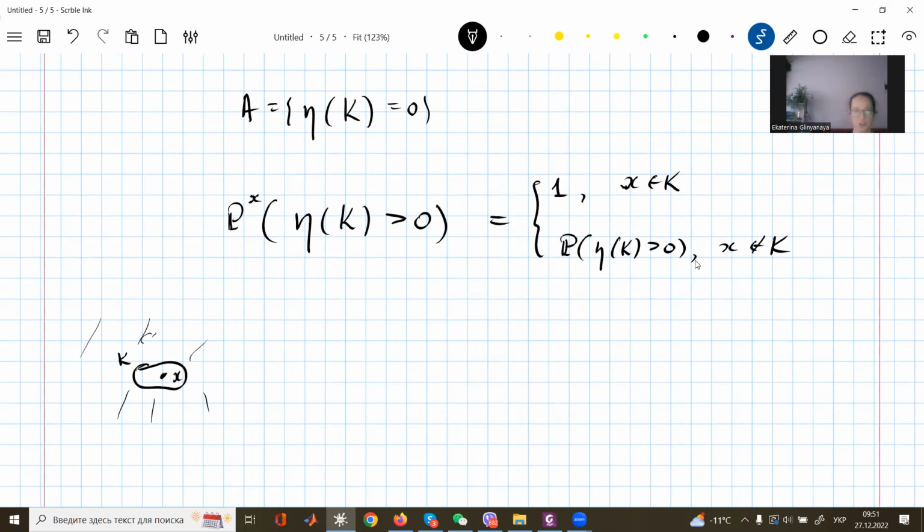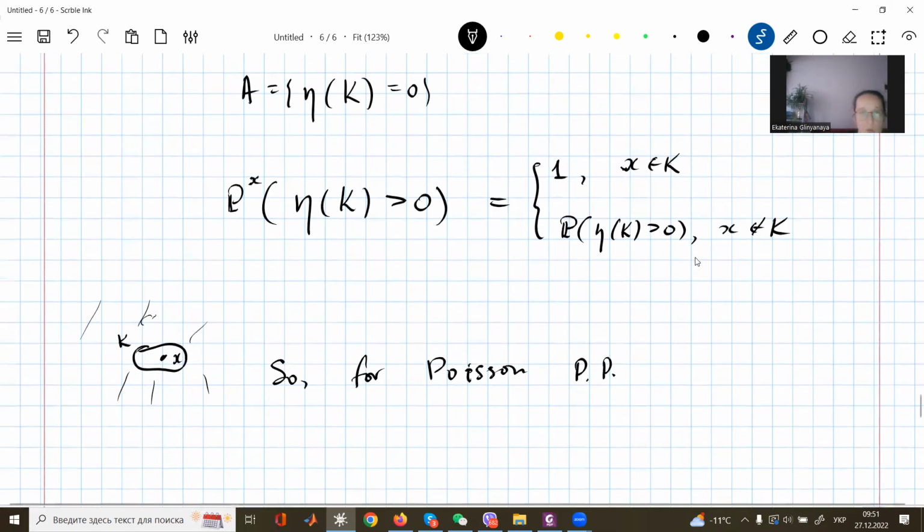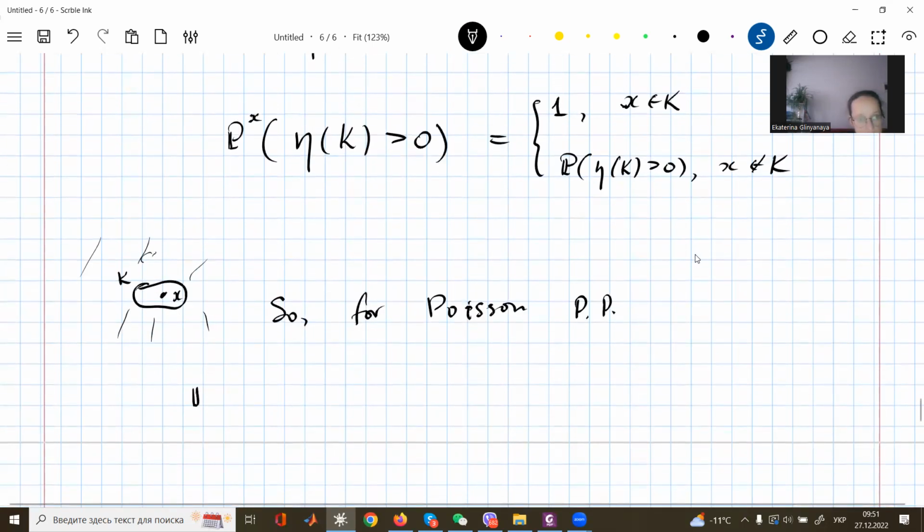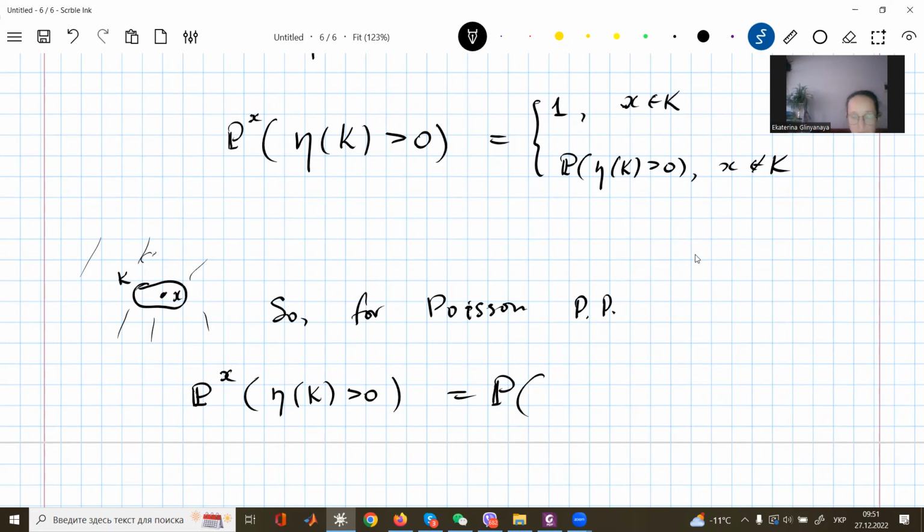So for the Poisson point process, we find that this probability with the condition that we have a point at position x is equal to just the probability if I add an additional point x to the point process and calculate here eta of K is greater than 0.